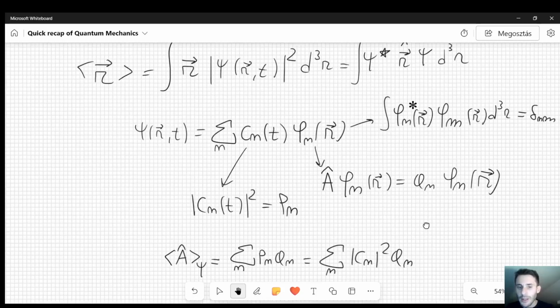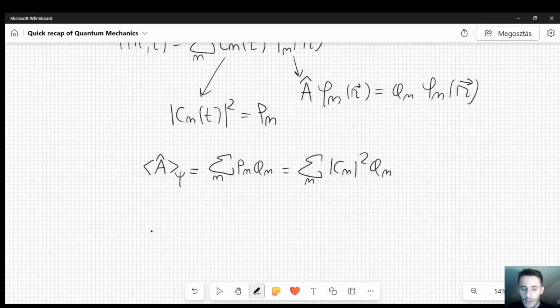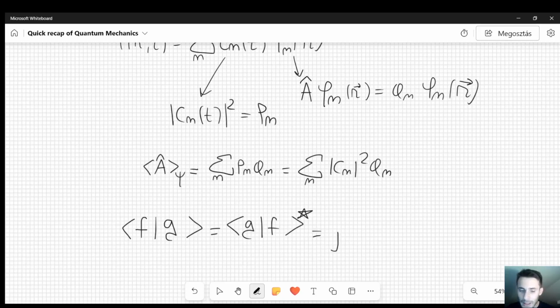Another important thing to mention is the fact that we also have the so-called bracket notation, and for example we might have a bra of the kind f denoted like this, and then we take the inner product with a ket denoted like this. This is equal to, by definition, the inner product of g with f, but with a star, so I take the complex conjugate of this, and this can also be represented in the continuous domain.